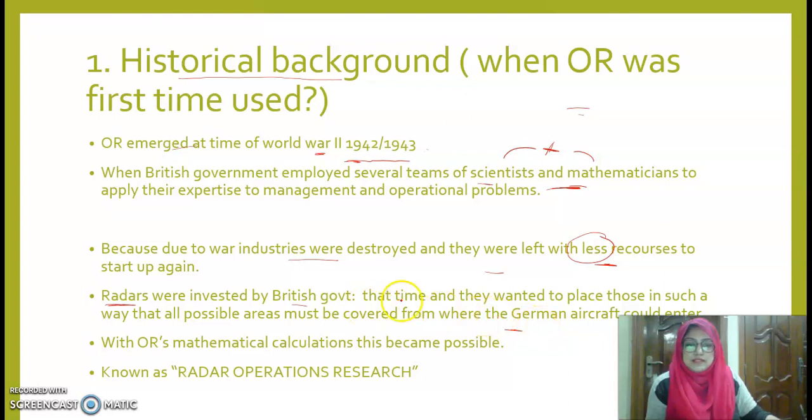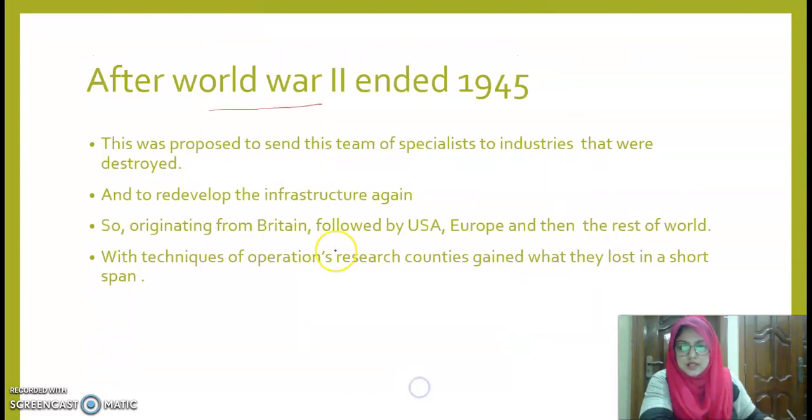Mathematically they worked out at what distance they should place the radars, and how they could cover the space in the best possible manner. This was how operations research came into the field, and it is known as radar operations research to this day.